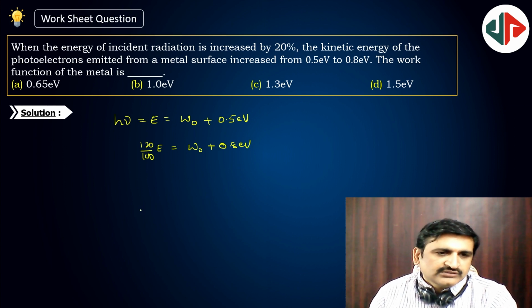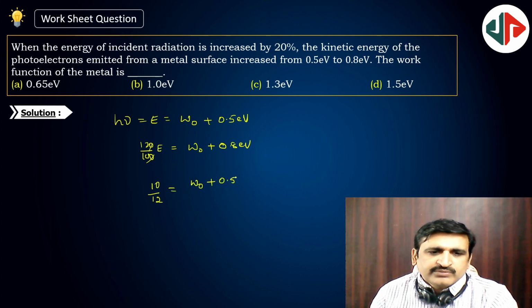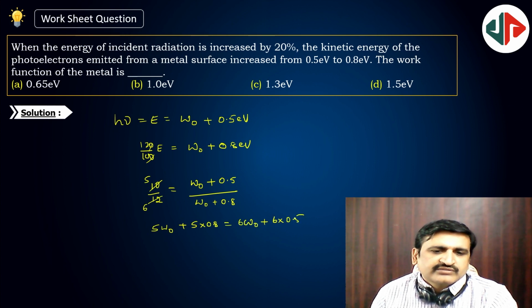Now if I divide one with the other, what will come? On dividing, 10 by 12 is equal to (W naught plus 0.5) by (W naught plus 0.8). So 5 W naught plus 5 into 0.8 is equal to 6 W naught plus 6 into 0.5.